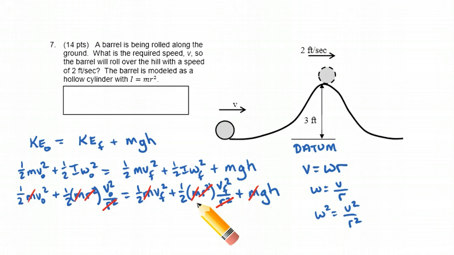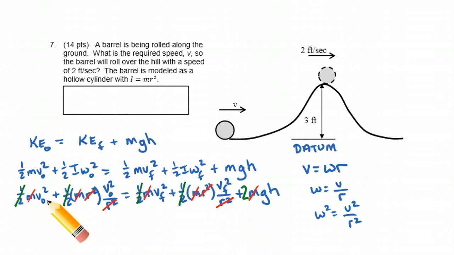And we have numbers for everything else except for the initial velocity. So let's plug some numbers in. I'm going to go ahead and multiply through by 2. That will cancel the halves and put a 2 right there, just to save me a little time in my writing and calculations.